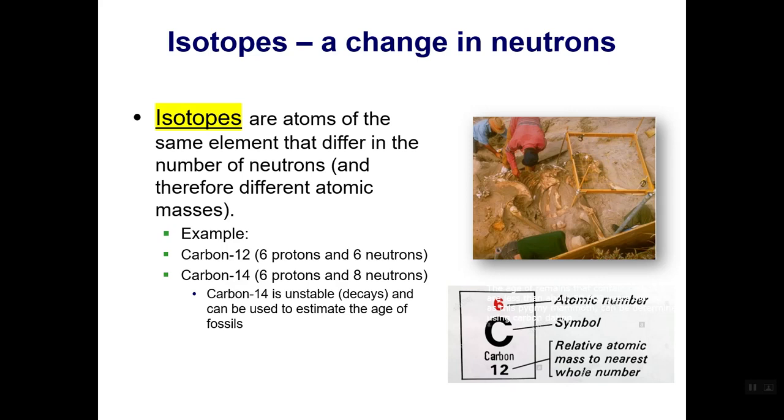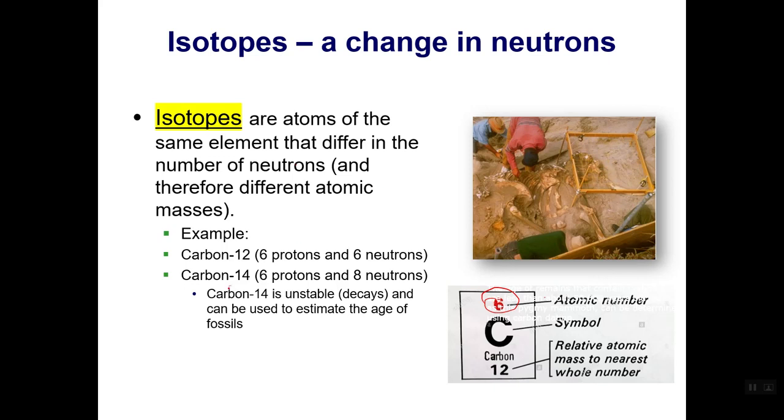Neutron numbers can differ from carbon atom 1 versus carbon atom 2. It can't differ in proton number though, right? Because we talked about how proton number defines what atom you have. All carbon atoms have 6 protons, but they can have different neutron numbers.